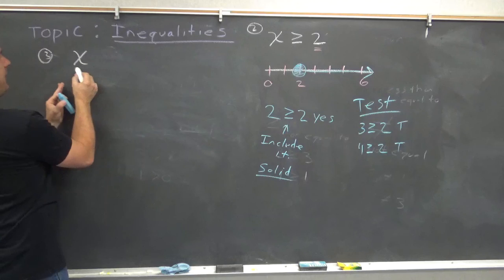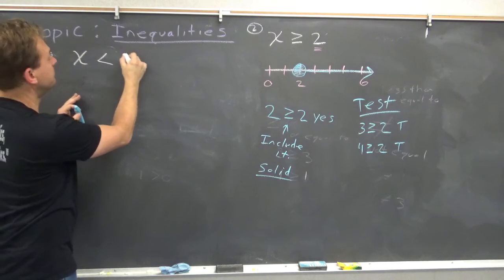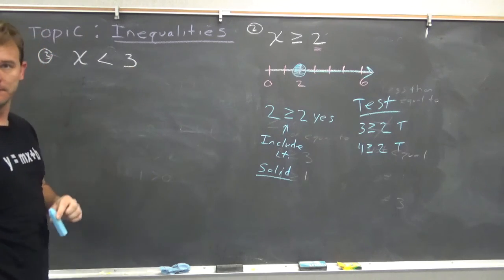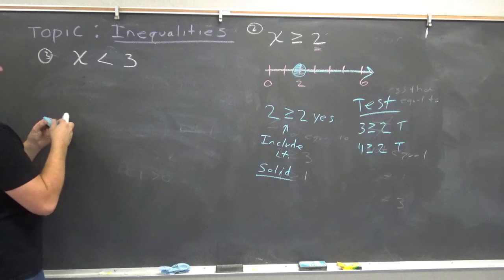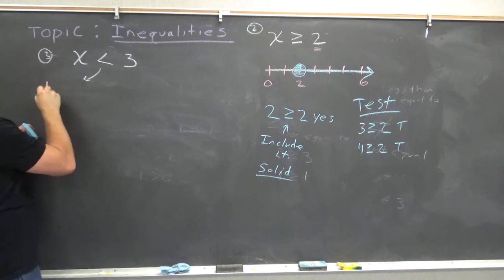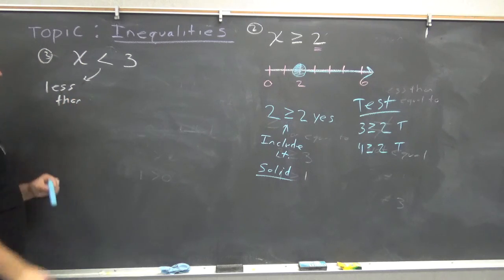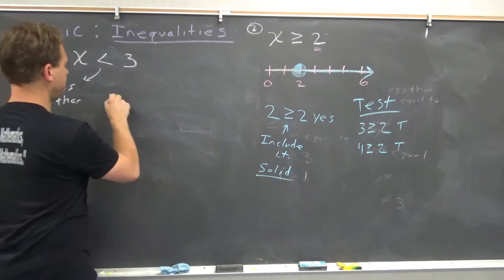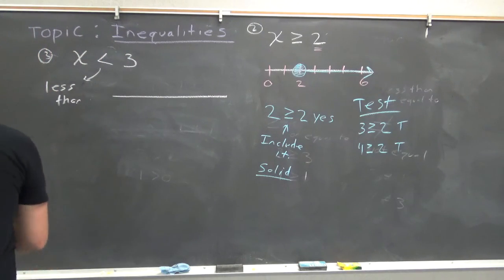So this is going to be x less than, let's make the numbers easy, 3. So this is less than. Okay, so let's make a number line that has some markings on it.